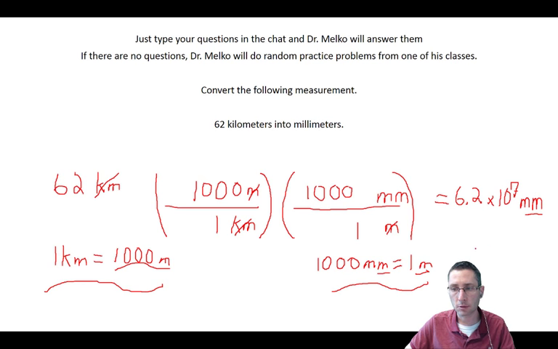So that's 62 million millimeters. You could also write it out as 62 followed by 6 zeros. Both would be equivalent, and both would have 2 sig figs.